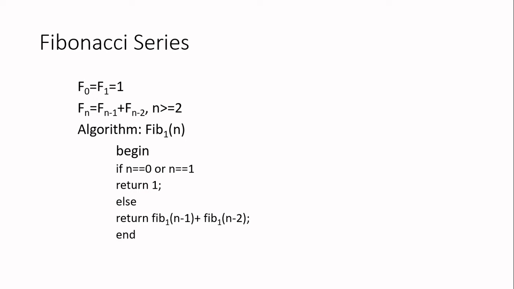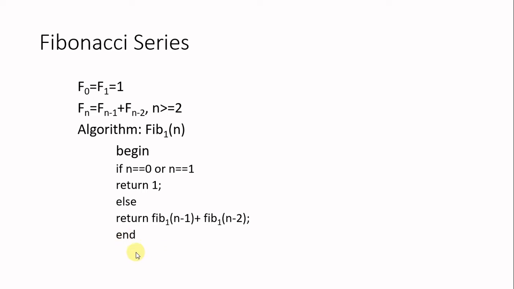Else, it will return fib1 of n minus 1 plus fib1 of n minus 2, which means this fib1 algorithm is called recursively on inputs n minus 1 and n minus 2. And this will compute fib1 of n.